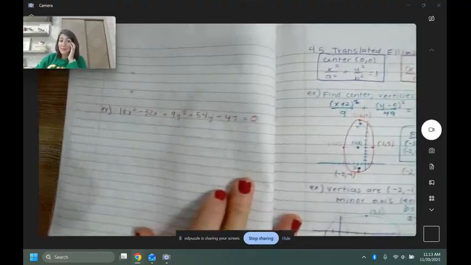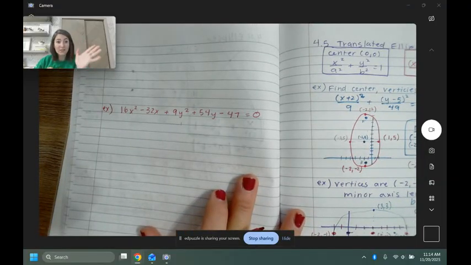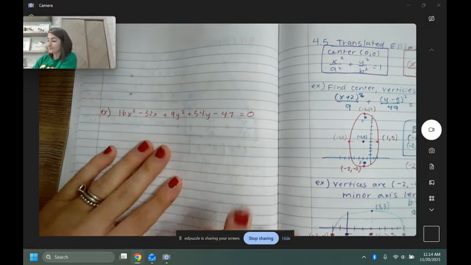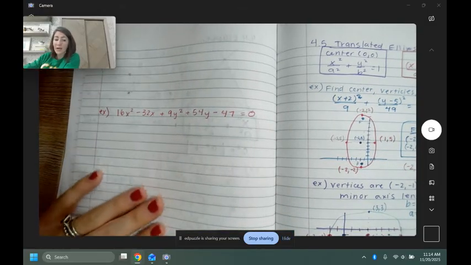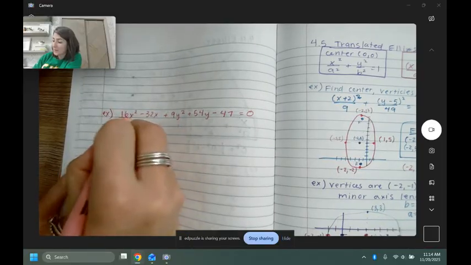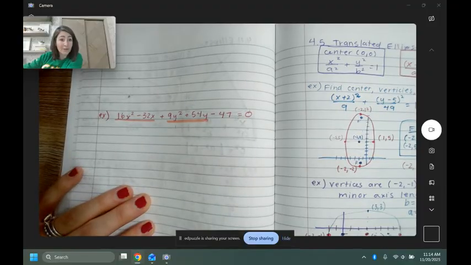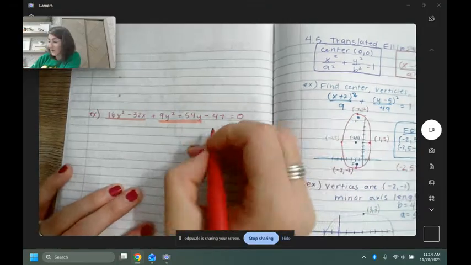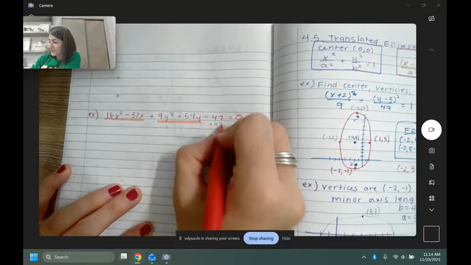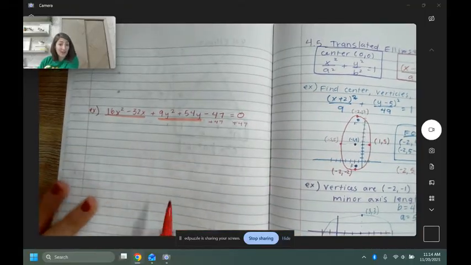If you do need some review on complete the square, I will link a video here if you want to watch that first and then jump back to this. That's fine. Okay, so completing the square. I'm going to break this into 2 parts, my part with the x's and my part with the y's. I don't care about 47, so I'm going to get rid of it. Plus 47 both sides. So let's start by factoring.